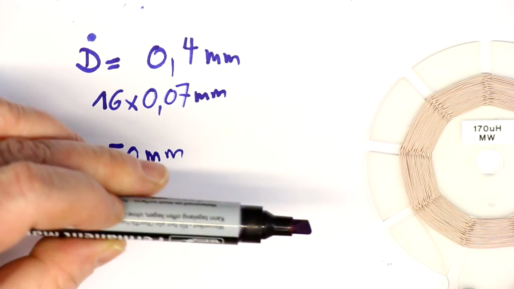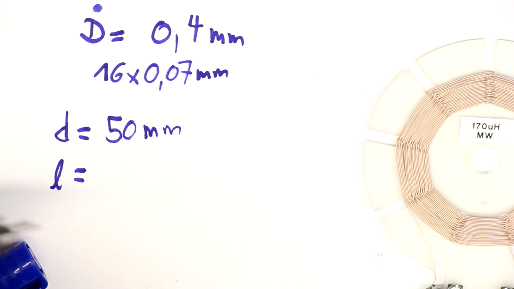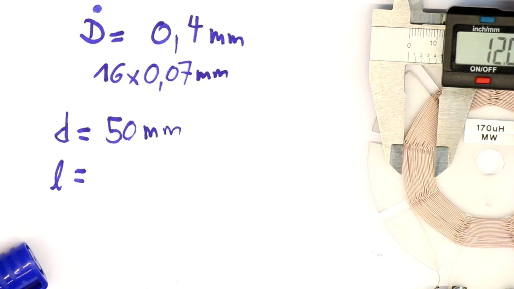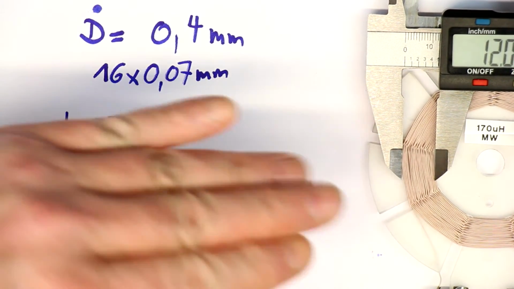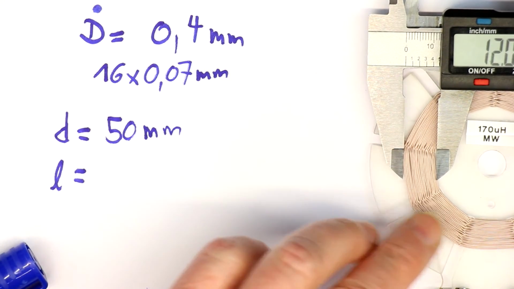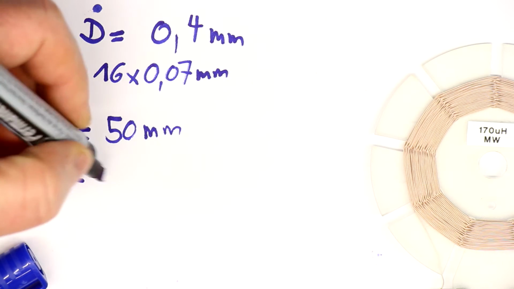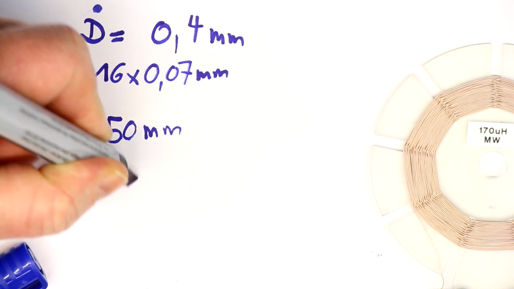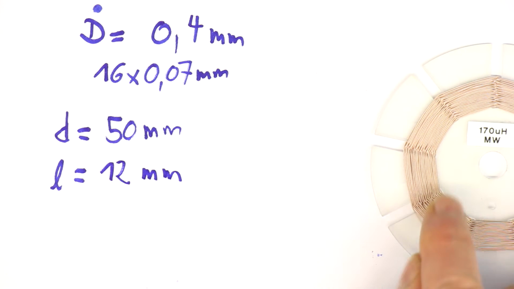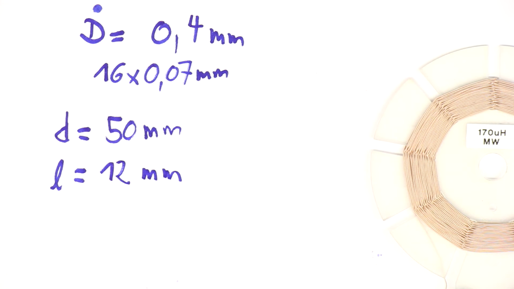Imagine if you wind a solenoid winding, then what we just measured here as 12 millimeters would in fact be the length of the winding. Here it doesn't look like the length, but also like a second diameter, but we call it here the length, that is 12 millimeters, the distance from first winding to last winding.